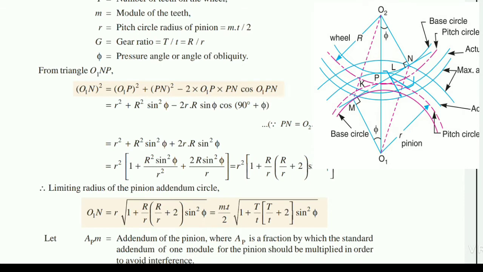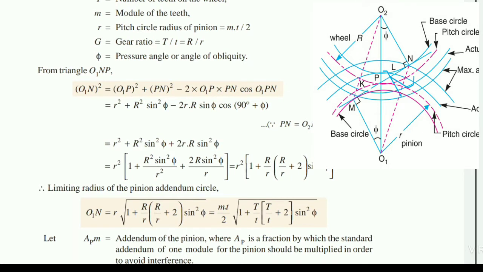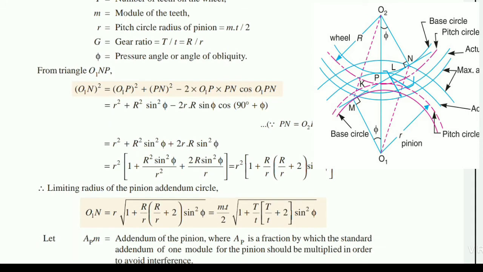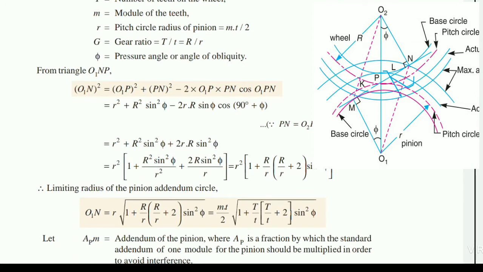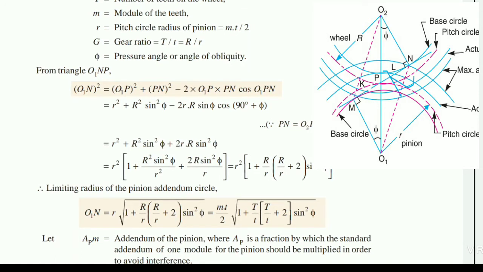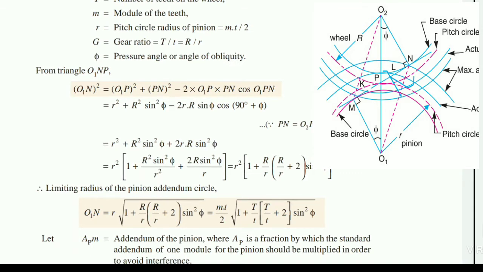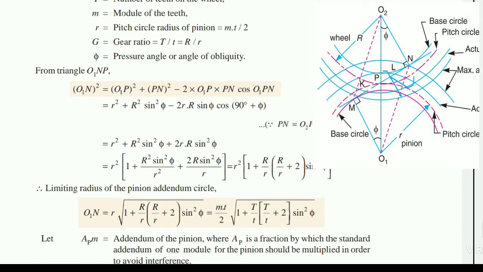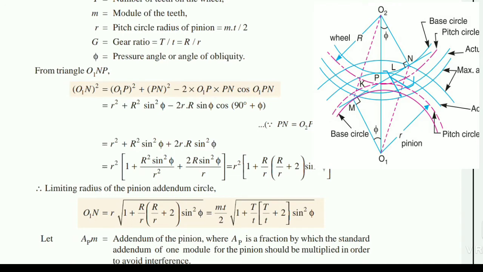In the triangle O1NP, what is O1N square? Here you are using the cosine formula. If you want to find one side, here O1N, its square is equal to the sum of the squares of the other two sides, O1P square plus PN square, minus 2 times O1P into PN into the cosine of the angle between the other two sides.